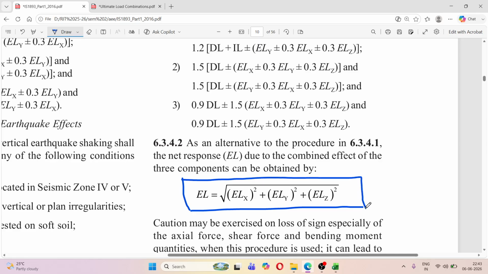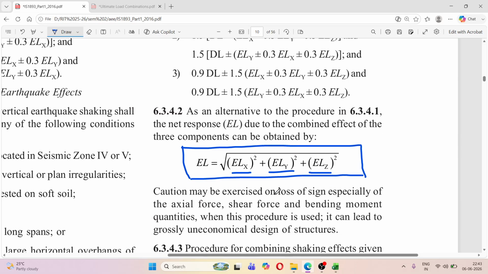For example, EL is equal to the square root of earthquake in X direction square plus earthquake in Y direction square plus earthquake in Z direction square. So this is another case when your structure's lateral load resisting systems are oriented at an angle of 45 degrees. You can use this case. So I will show you one example.